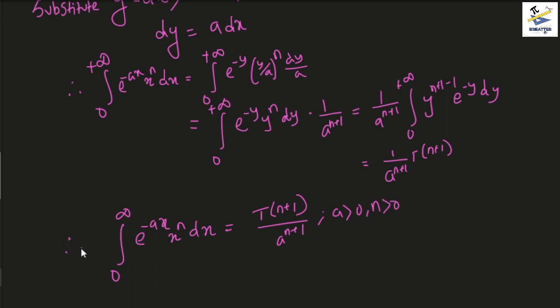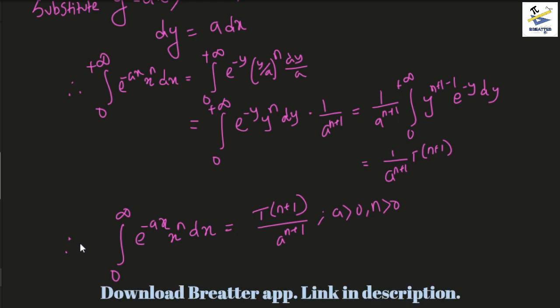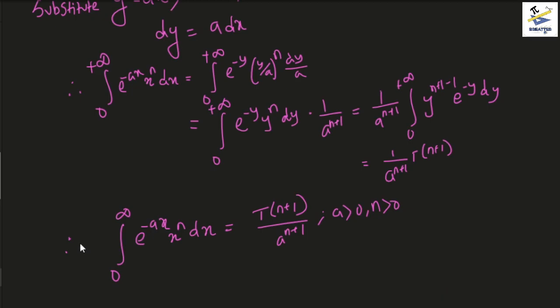This is our result. So now you know the general formula for finding this kind of integral. And if you were to use it only for natural numbers n, you can also write it as n factorial by a to the power n plus 1, which is also true.